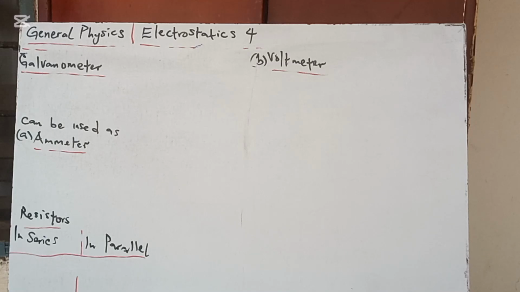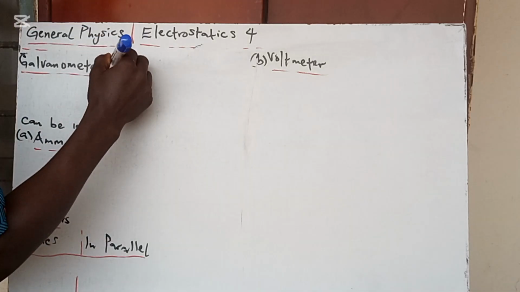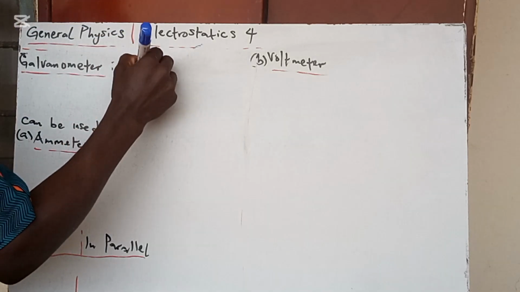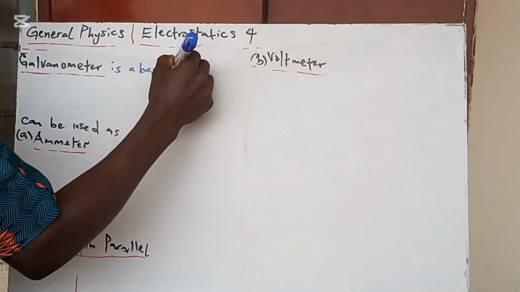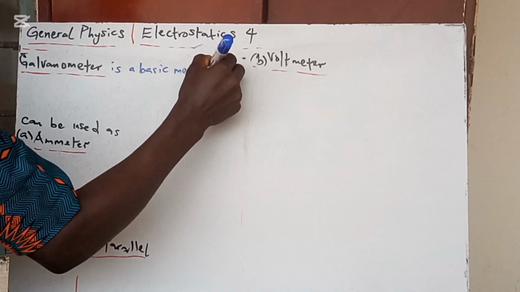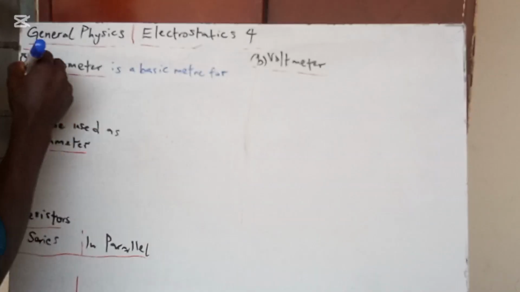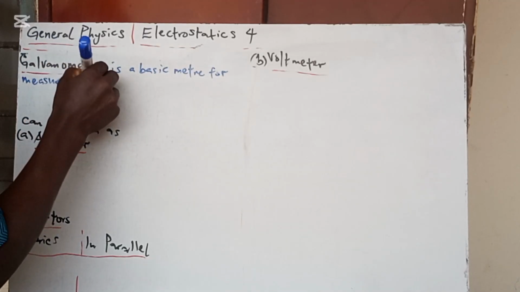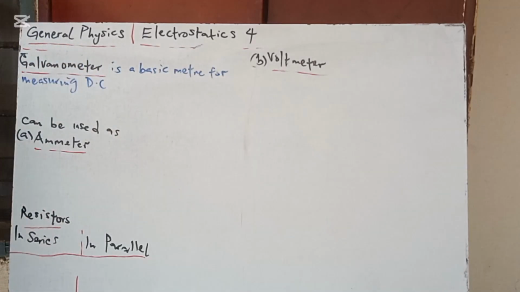What's a galvanometer? It's the basic meter for measuring direct current, DC.